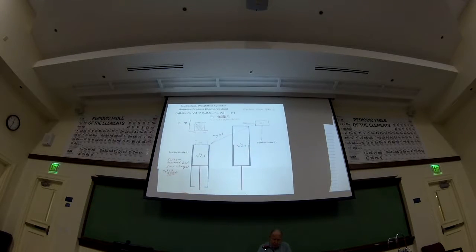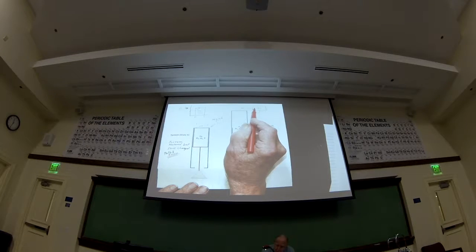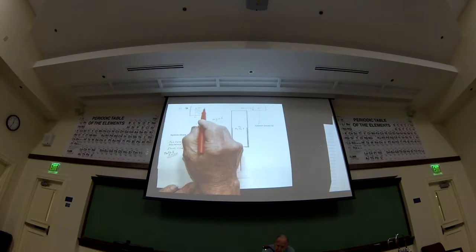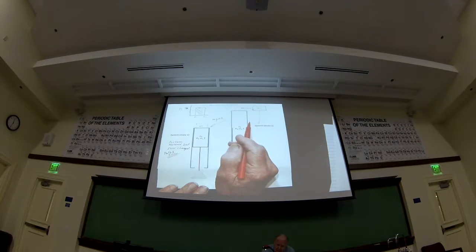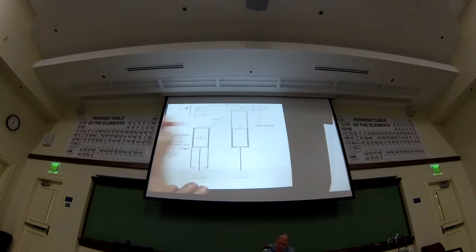The work of that process is the negative area under this path, because we are moving from higher to lower. So that's work done on the system. We call that an irreversible process.